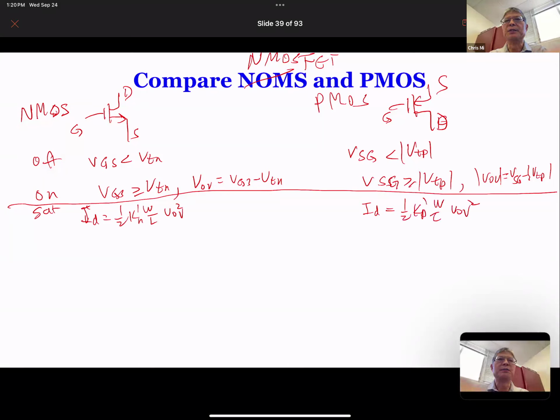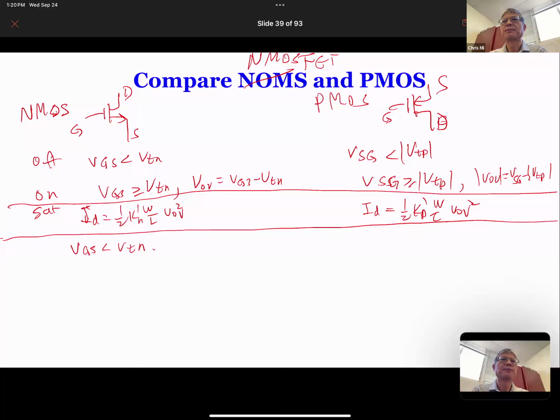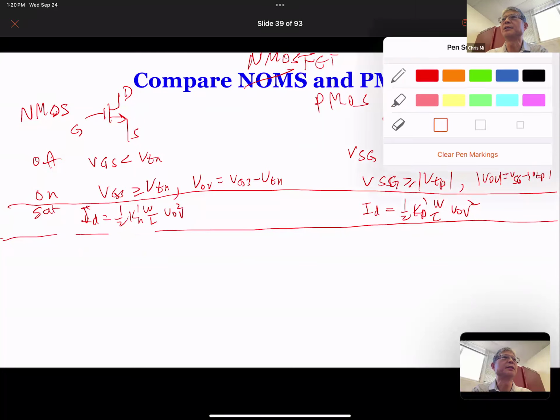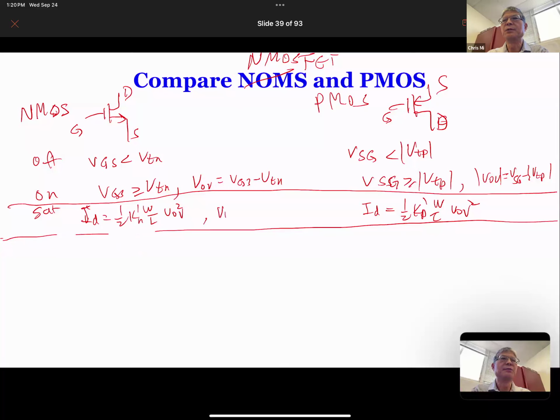So that's in the saturation region. No, I'm sorry, this is wrong. If it's in the saturation region, that means VDS is larger than VOV, and here VSD is larger than VOV. Okay, that's the saturation region.